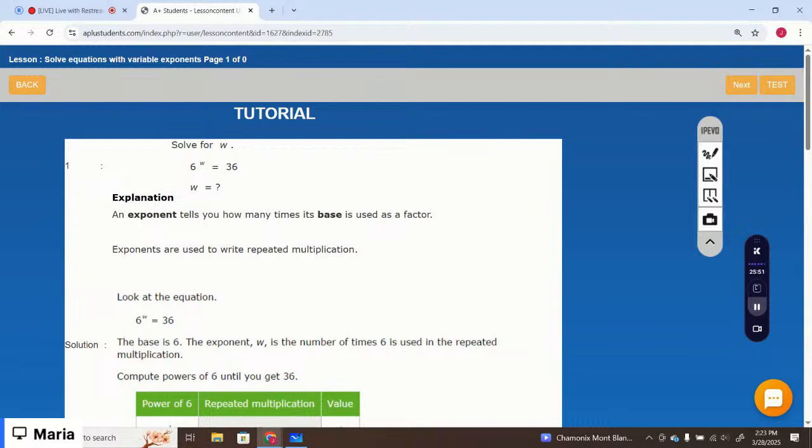So you need to find the value of W. An exponent tells you how many times its base is used as a factor.